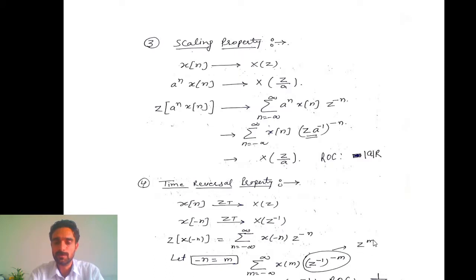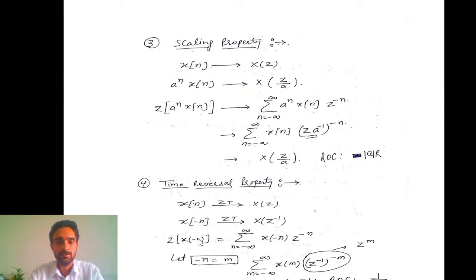Z to the power plus m is equal to z inverse to the power minus m. So we can define this whole term as x of z inverse. Why x of z inverse? Because the z transform of x of m, where m equal to minus n, is x of z inverse because of this z inverse.